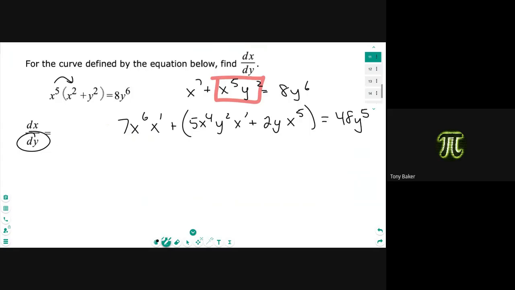All right. Now, when you have this, we want to get all the x primes on one side, or the y primes, depending on what you're looking at, and all the rest of the stuff on the other side. So in this case, the only thing I got to move over is that piece. So I have 7x to the 6th x prime plus 5x to the 4th y squared x prime equals 48y to the 5th minus 2y x to the 5th.